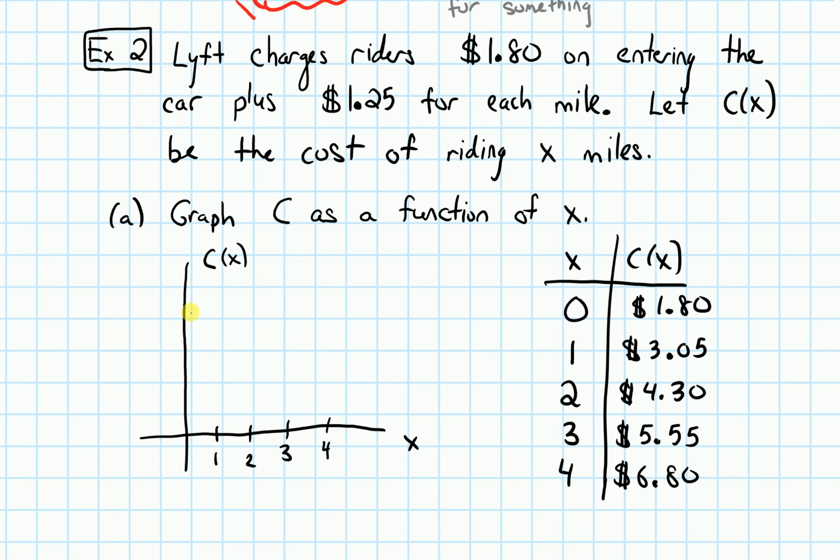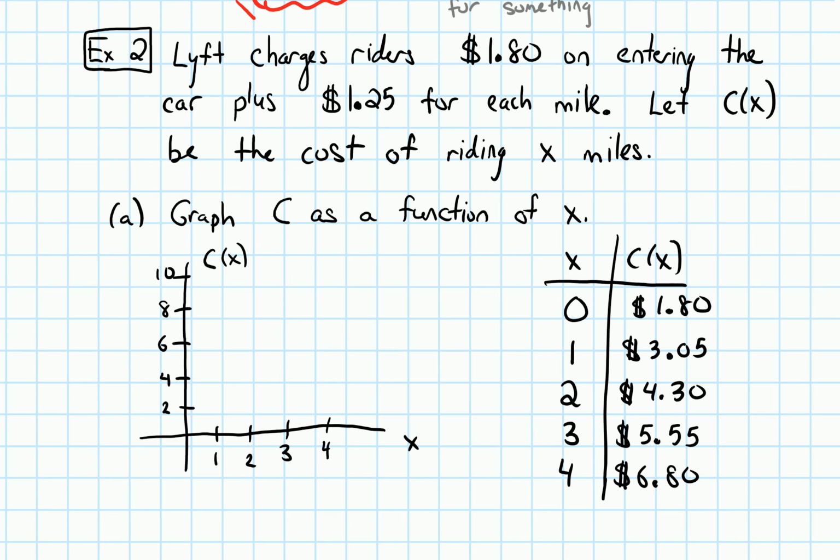Now on the c-axis, let me put some tick marks. I'm going to space these out every 2: 2, 4, 6, 8, 10, because in the vertical direction I seem to be covering more ground. That's why my scale is different here.